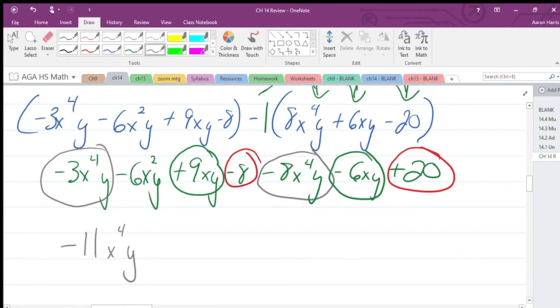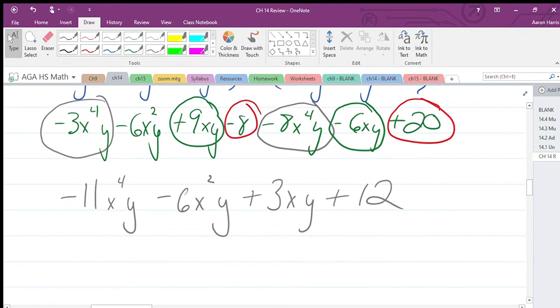The next highest power is the x squared y, because that's 3. The next highest power will be this 1 and 1, which is 2. So 9 minus 6 is 3. So I get plus 3x to the first, y to the first. And then negative 8 plus 20, I get plus 12.